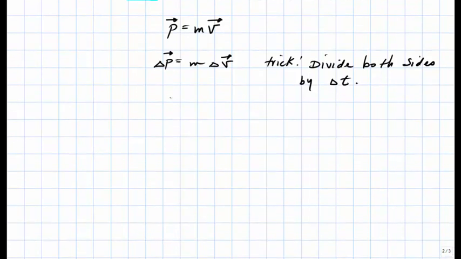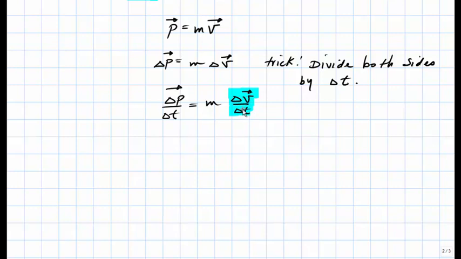And let's see what that produces. So we would have the change in momentum over the change in time will equal mass times the change in velocity over the change in time. Now this should look familiar to us. We've seen something defined as the change in velocity with respect to time.